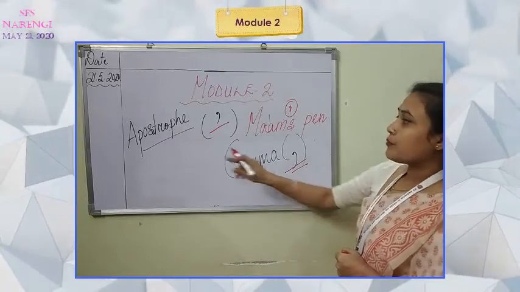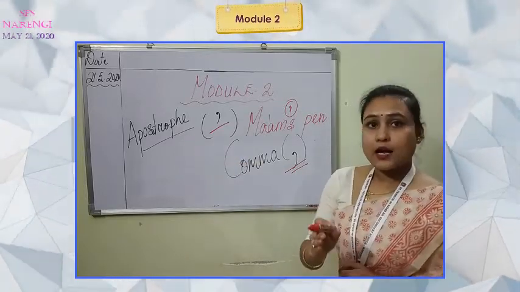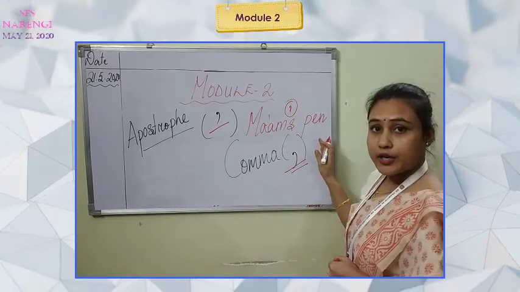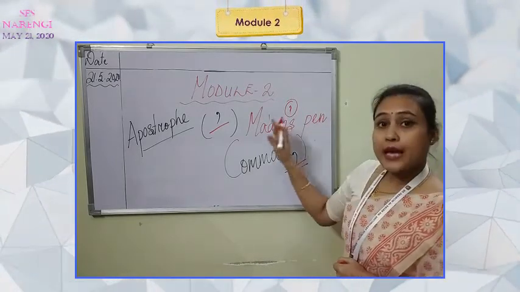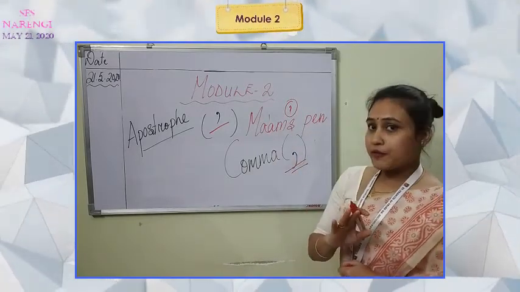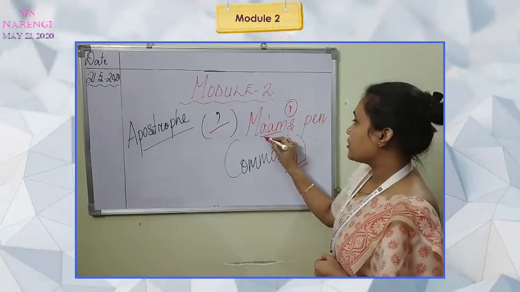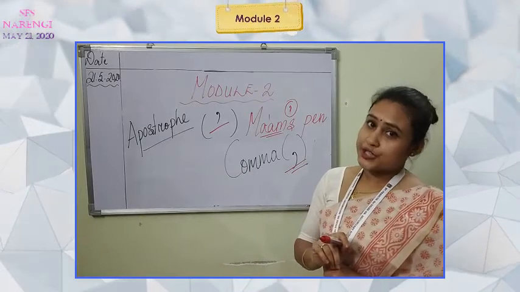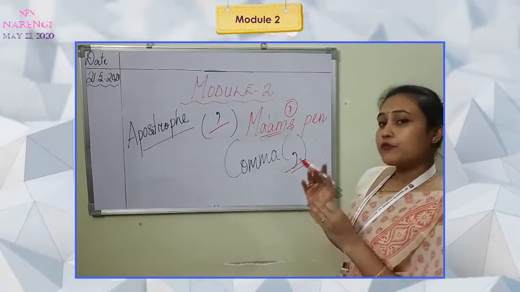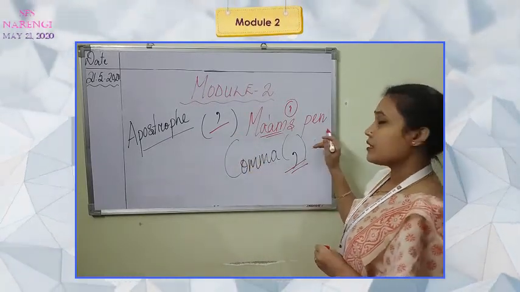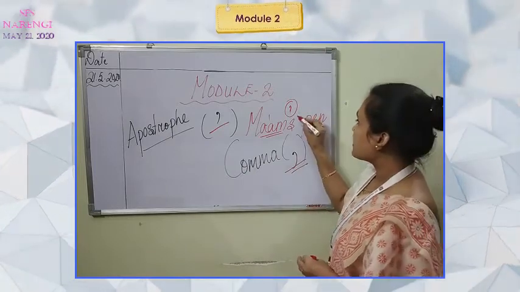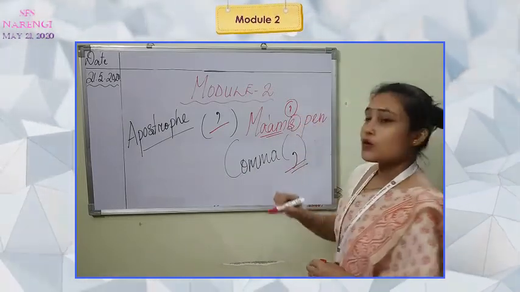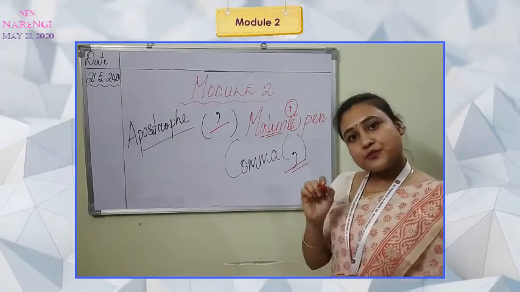Okay, so the apostrophe helps us to show the belonging of a thing to that noun, the name of a person. In here, ma'am denotes a person, that is your teacher. Right? So how can we show that apostrophe and the belonging? We just add one S with the apostrophe.